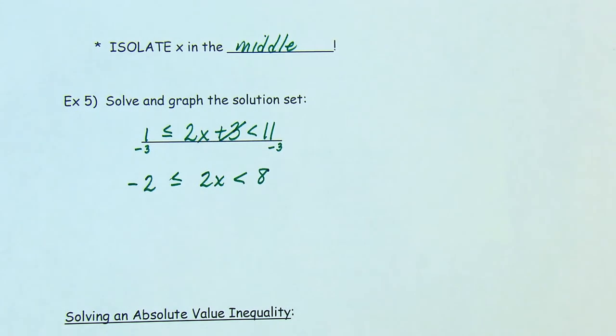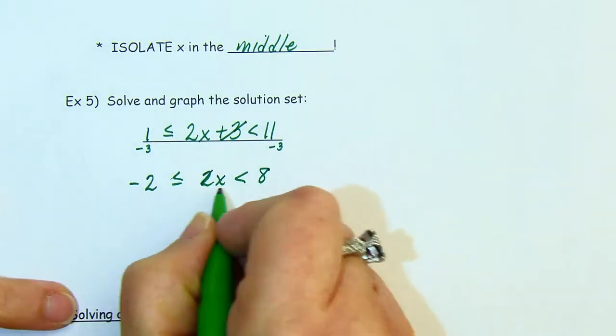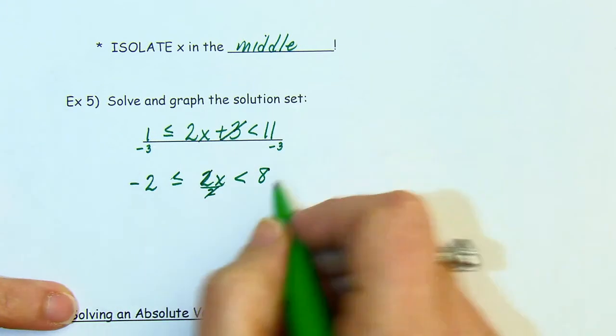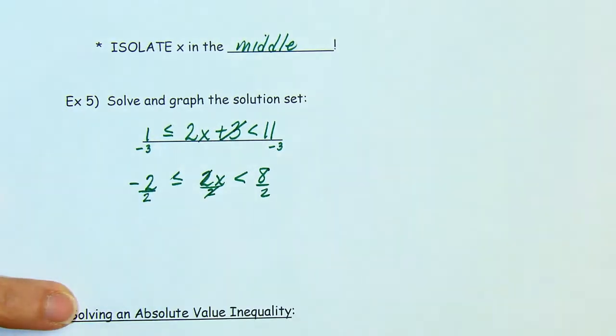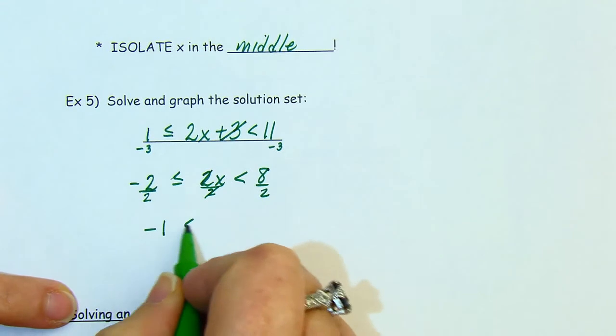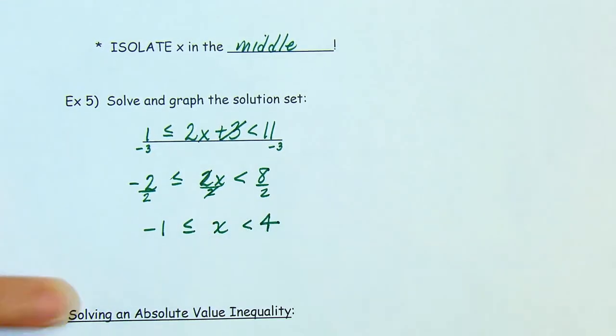X is almost isolated in the middle, not quite. I'm going to divide by 2 to get rid of it. If I divide there by 2, I have to divide both these places as well. So I get negative 1 is less than or equal to 1x, which is less than 4.